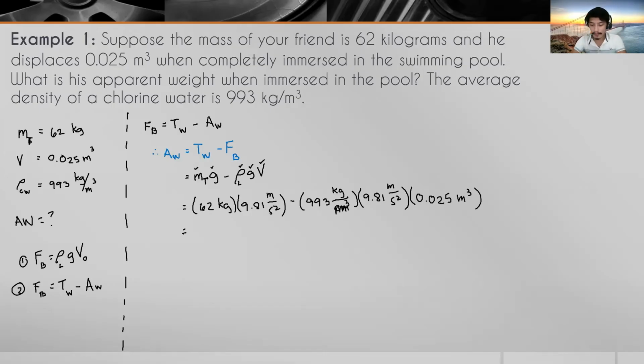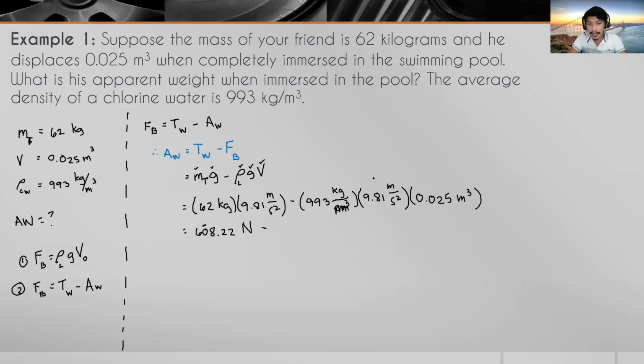Okay, so 62 times 9.81 equals 608.22 Newton. Take note, how many significant figures? Dalawa. So hanggang dito lang.